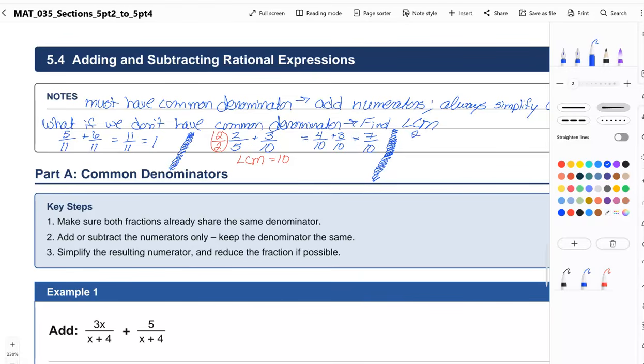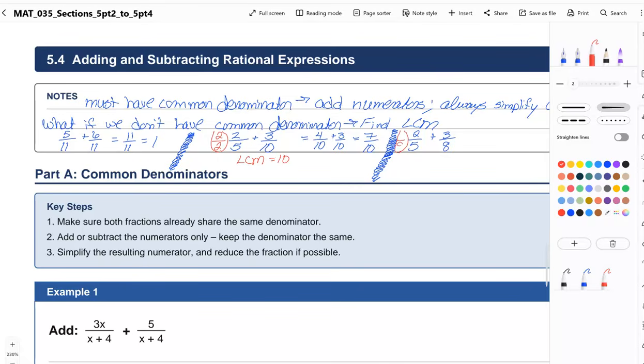Let's say we have 2 over 5 plus 3 over 8. So we've got to ask, what's the smallest number that both 5 and 8 go into? And it looks like it's going to be 40. So then we ask, how do we get to 40?